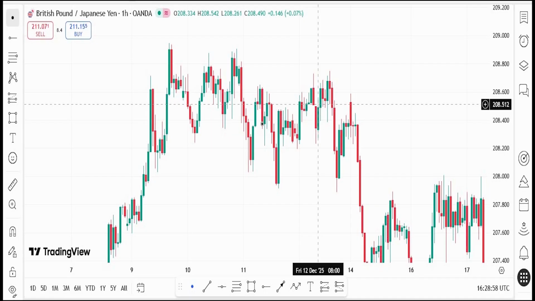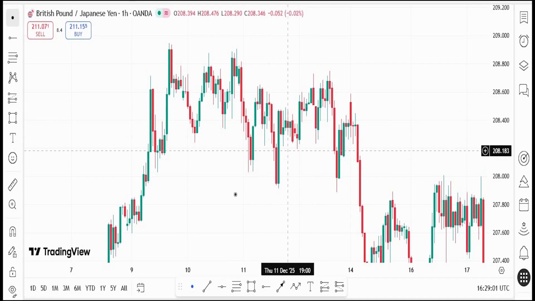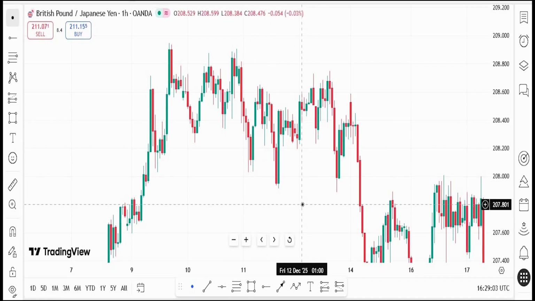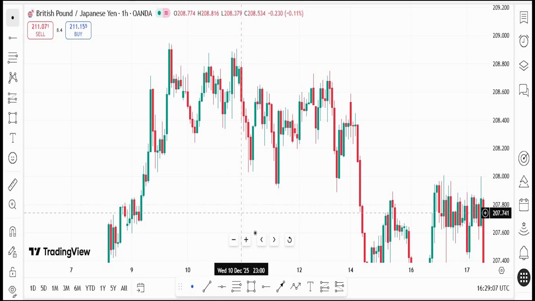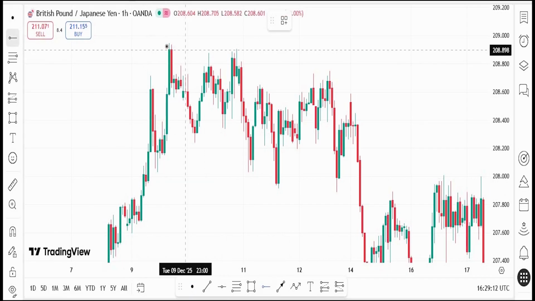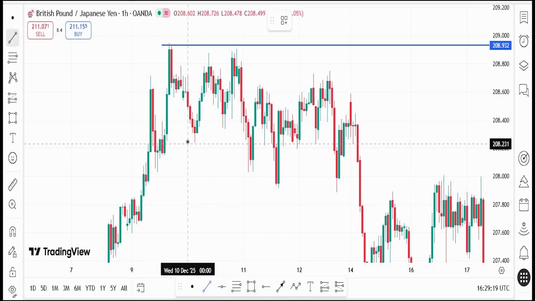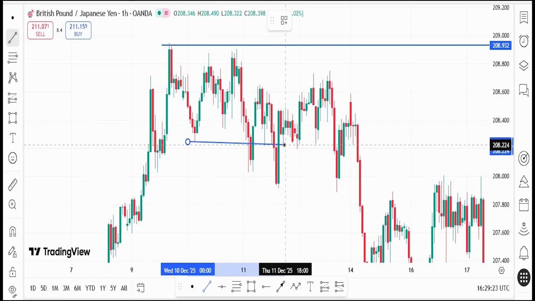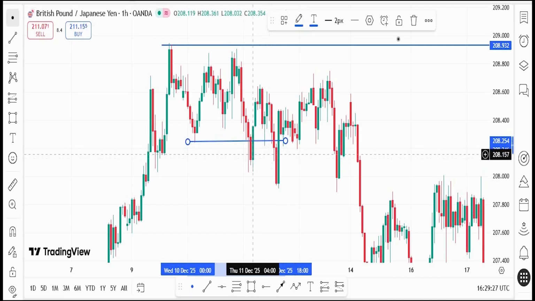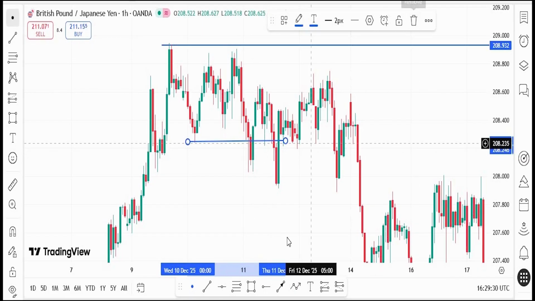So now we are at the GJ pair, GBP USD, which for short is called as GJ. As we can clearly see, the uptrend ended at this point, especially when the market broke the lows, which is a break of structure.